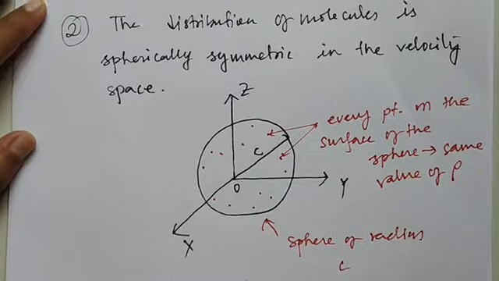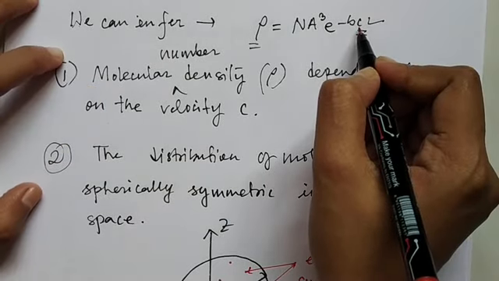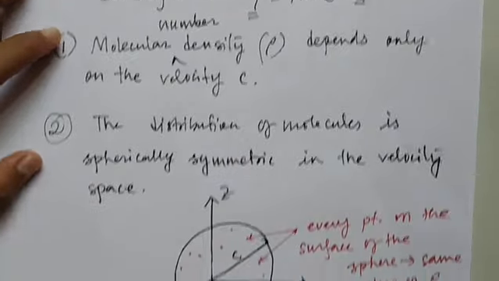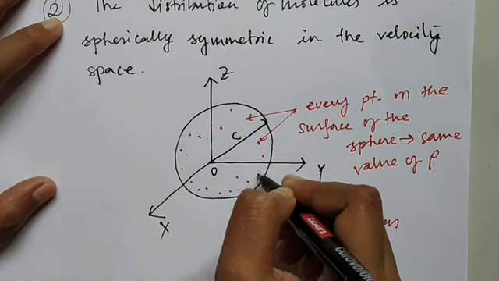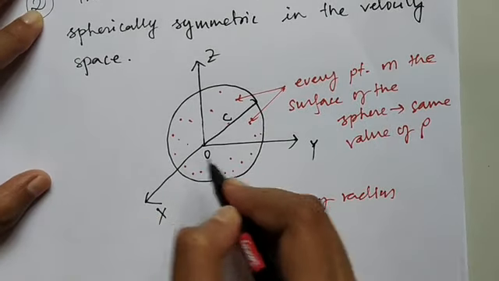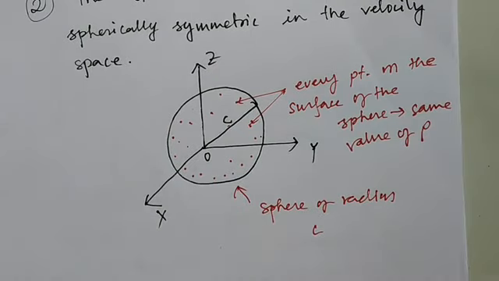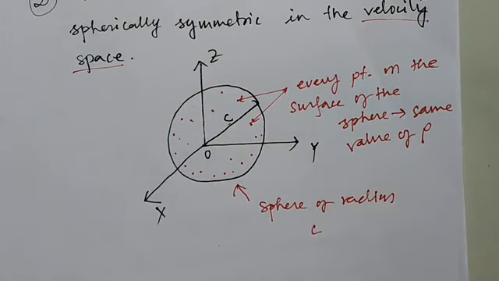Okay, because rho depends only on c, so for the same value of c, rho will be the same, and every point on this sphere has the same value of c, which is the radius of the sphere. So every point on the surface of the sphere has the same value of number density, that is, the number density is spherically symmetric in velocity space.